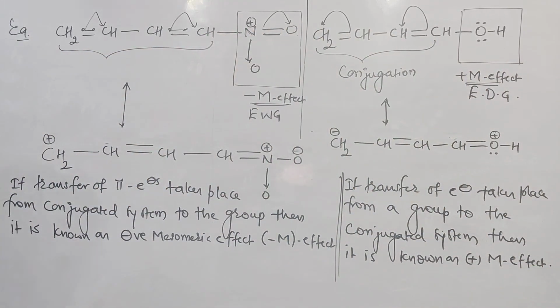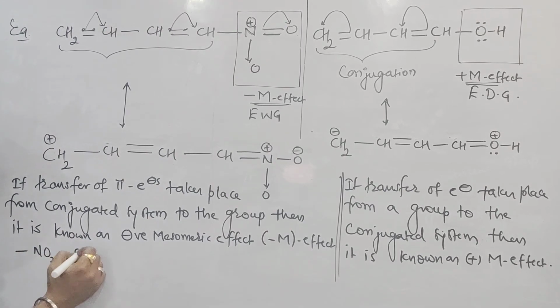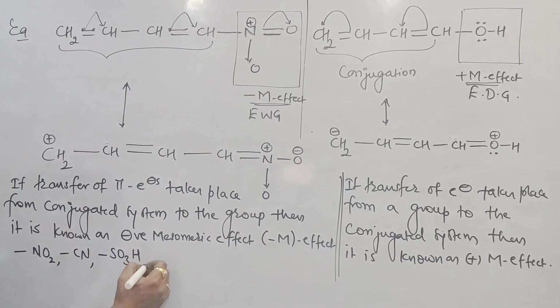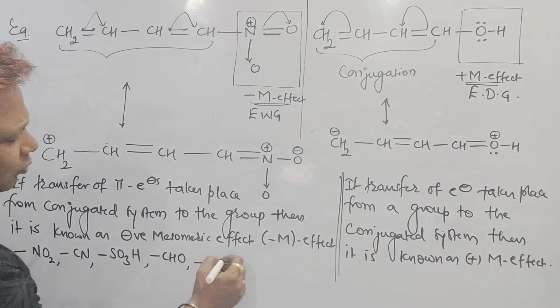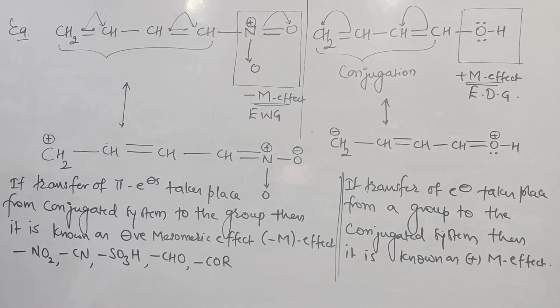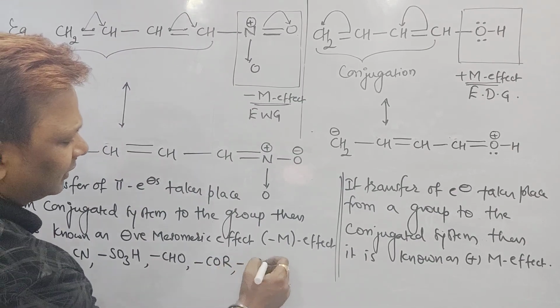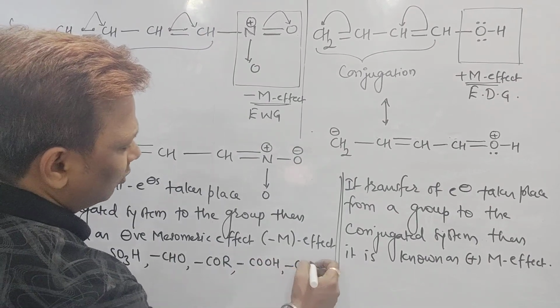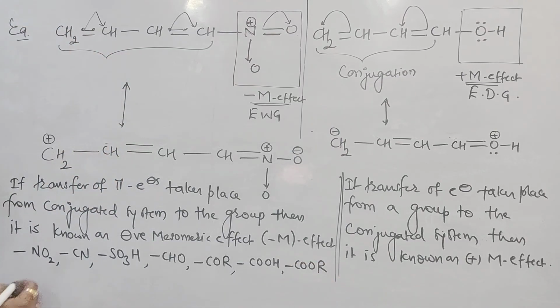NO2, CN, SO3H sulfonic acid, aldehyde, COR meaning RC double bond O, ketone, carboxylic acid, ester COOR, COX acyl halide, or CONH2, they all have a negative mesomeric effect.